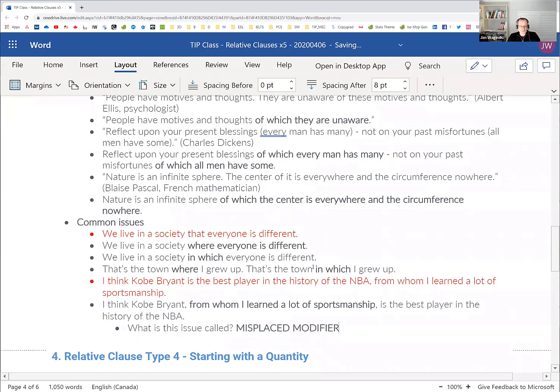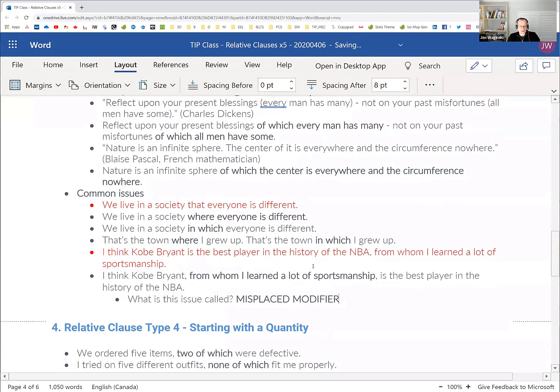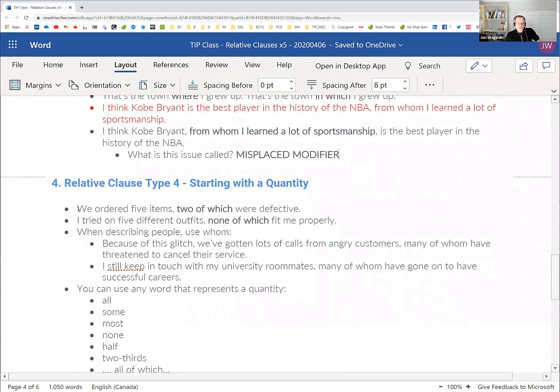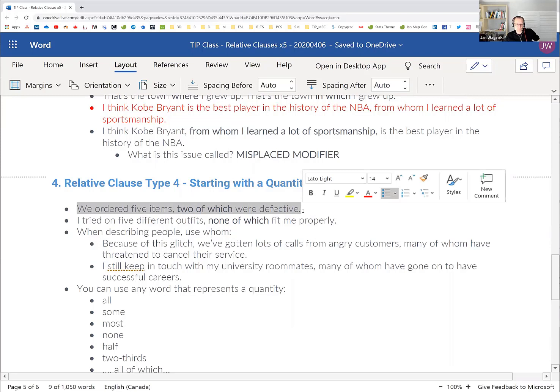Okay, let's move on to the next one. Relative clause type 4, starting with a quantity. So a couple examples first. We ordered 5 items, 2 of which were defective. What would be the simple sentence version of this complex sentence?